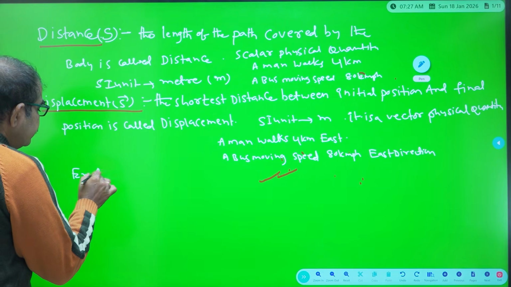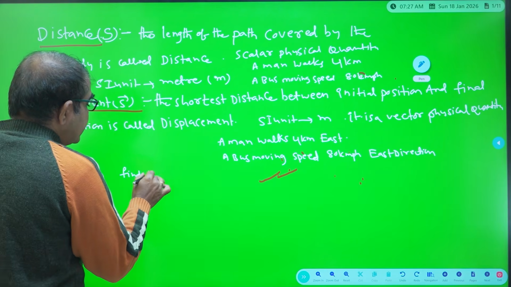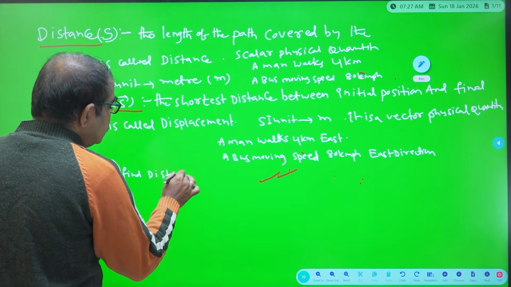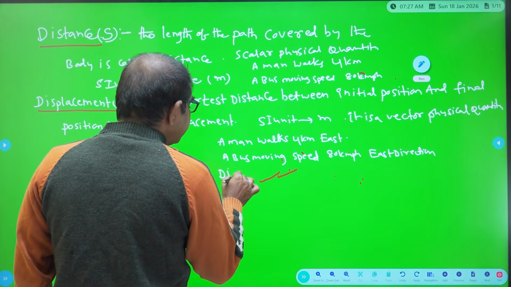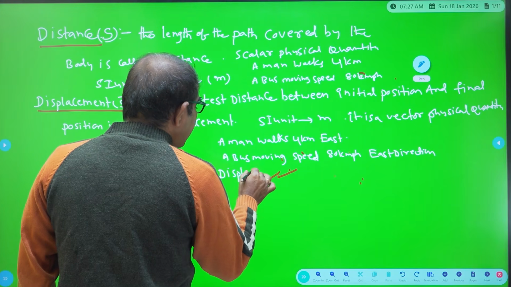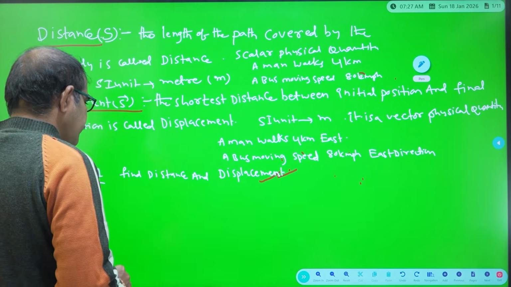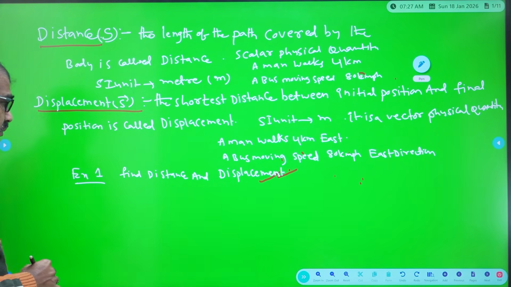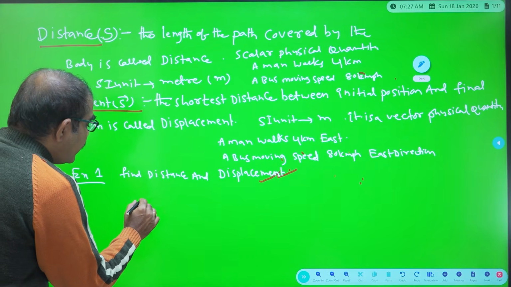Example 1. Find distance and displacement. For example, the body is moving like this.